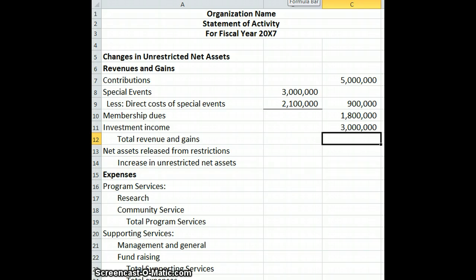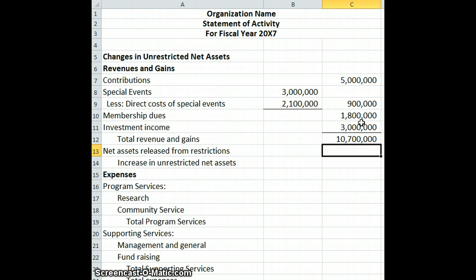The earnings from that are unrestricted. That's often the way endowments work. So we're going to have $3 million of unrestricted investment income. We want to then total that up.